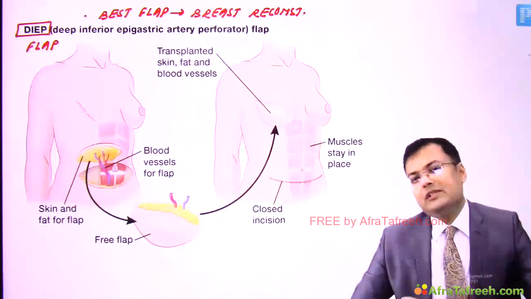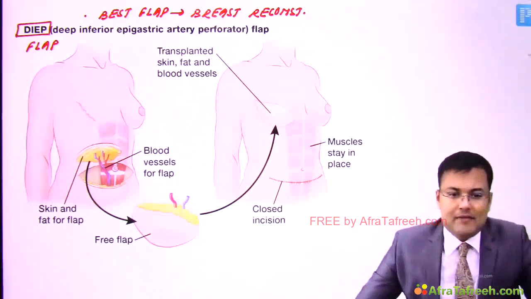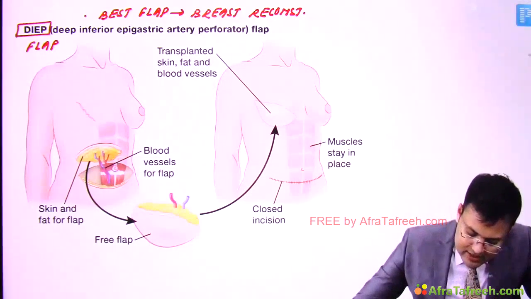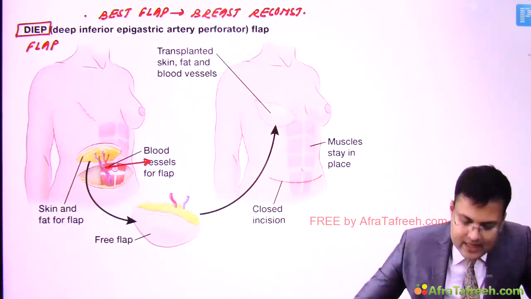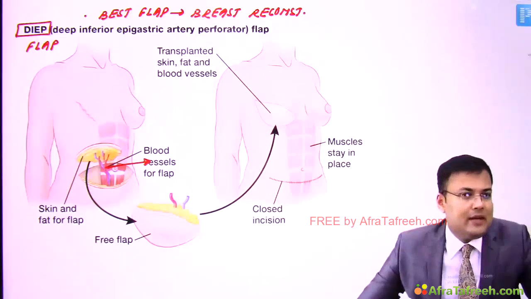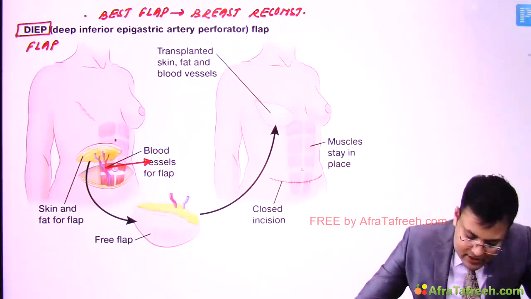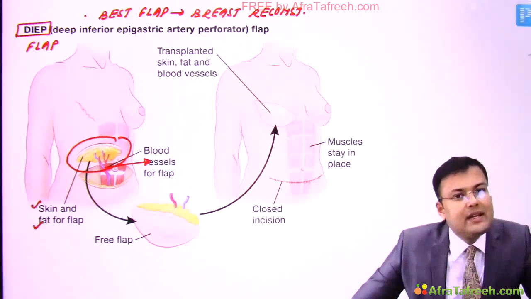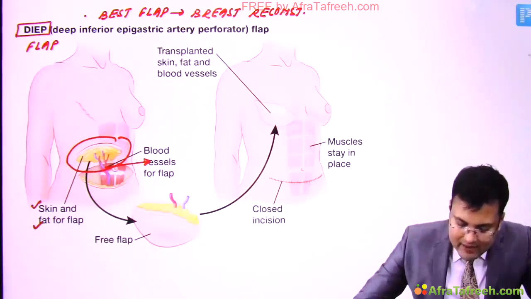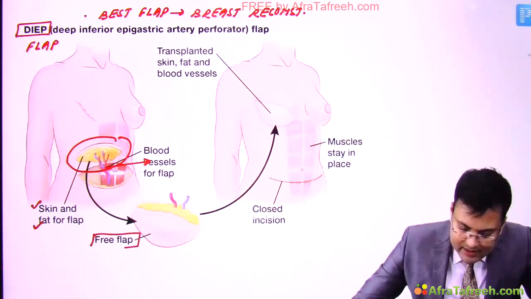Okay, now see what is the difference between DIEP and TRAM flap. Here you notice that it is based on inferior epigastric artery perforator, and you notice that in this flap only skin and fat is being taken. So only skin and fat is taken, and what kind of flap is it? It is free flap.